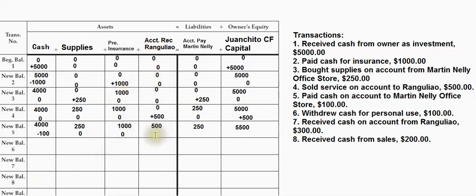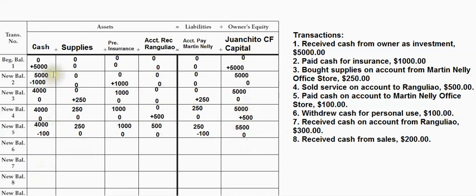Account receivable 让股料, it doesn't change anything. And here account payable Martinelli, guess what? It decreased. When I am paying my debt, it is less. And here owner's equity is intact.